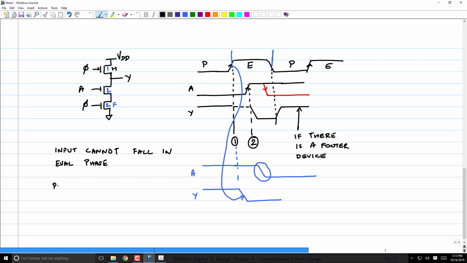So GU is not relevant here. So what about GD, pull down logical effort? You got to take the ratio of input gate capacitance to the gate capacitance of a symmetric static CMOS inverter.